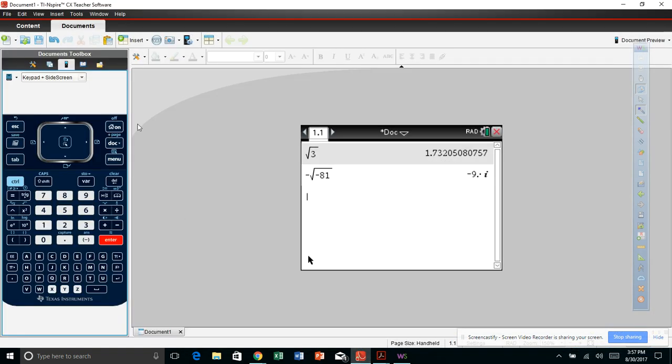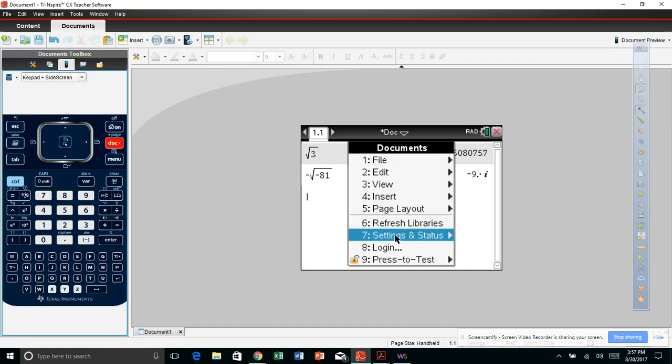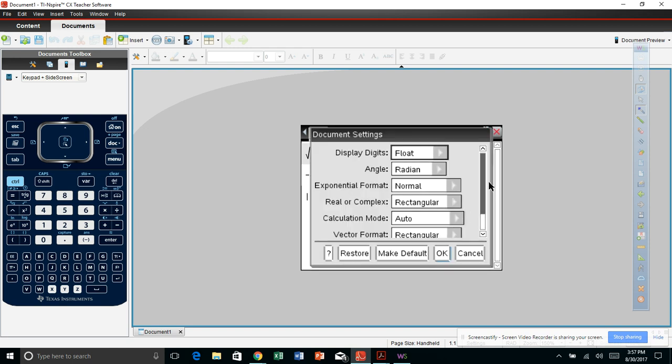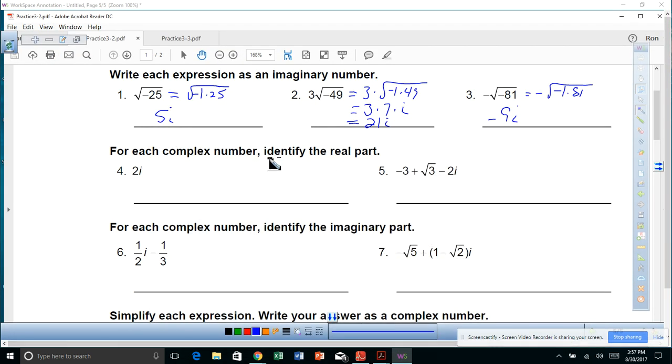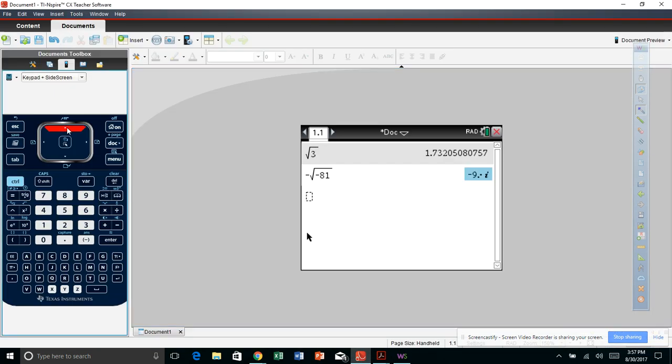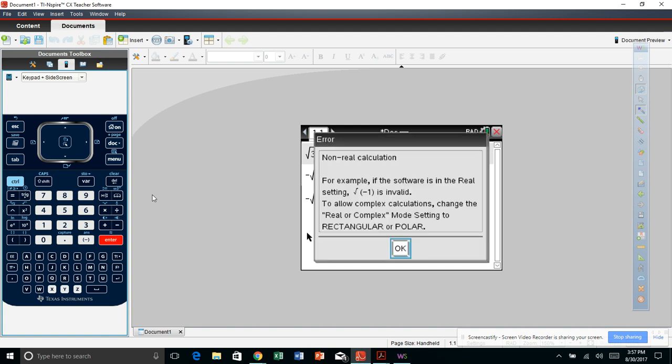All right. Sometimes if the settings are different, let's see here. Let's go up there and grab it. You might get something that looks like this. Same thing typed in, and it says non-real calculation.